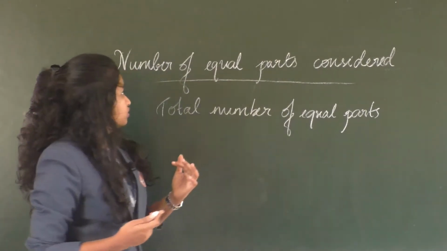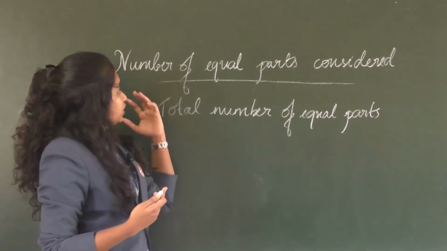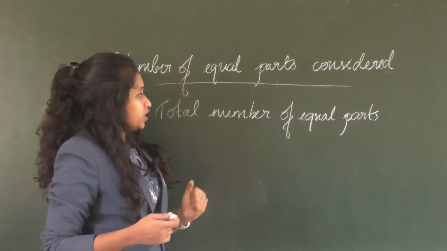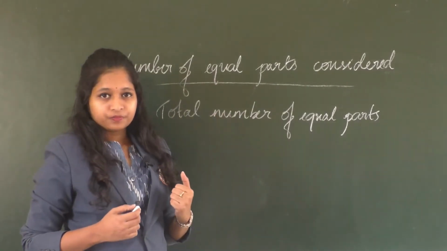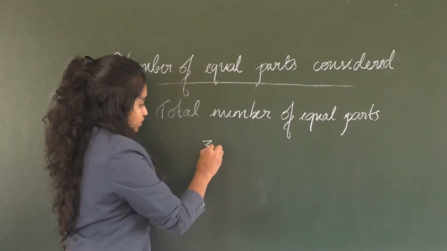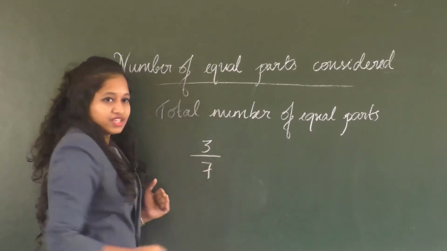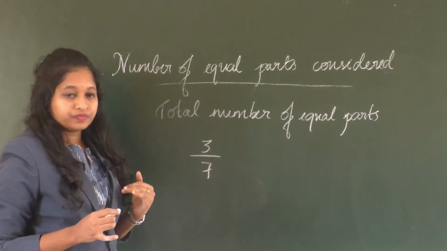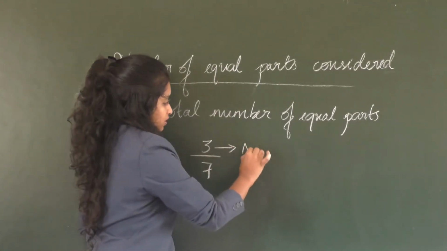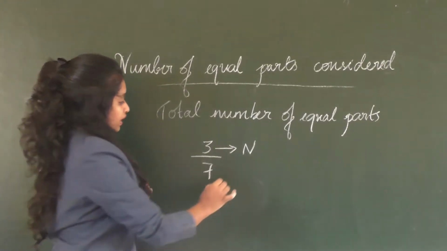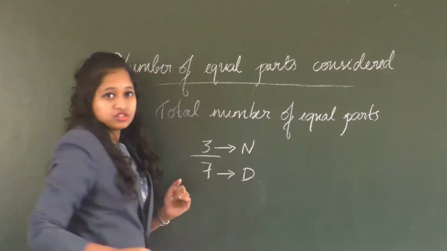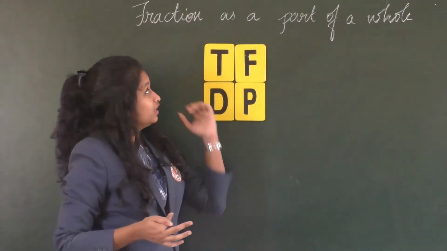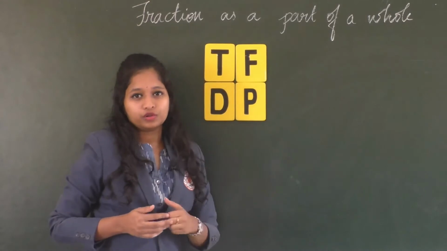So a fraction is equal to the number of equal parts considered by the total number of equal parts. For example, 3 by 7. This is a fraction, and this is called the numerator, and this is the denominator. Okay? So children, now let's learn fraction as a part of a whole.